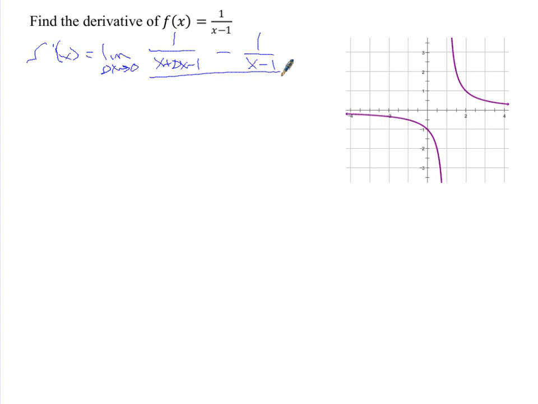And then all of that is all over delta x. So, yes, we need a common denominator for the numerator before we can simplify this. That's fine. What's my common denominator going to be? This is a factor. This is a factor. Neither one of those factors exists in the other. So that means this common denominator will be x minus 1 here, and then over here, x plus delta x minus 1.